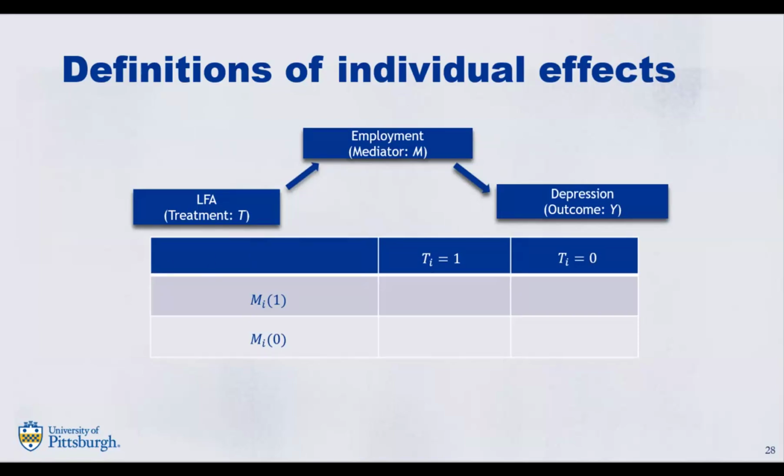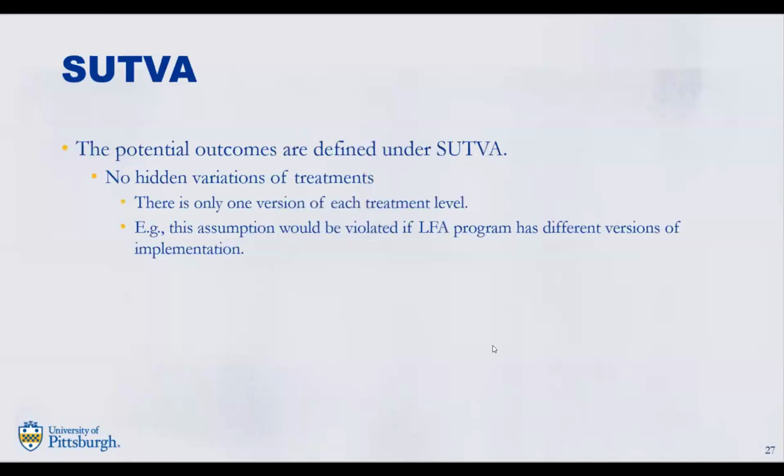On the last slide, if the assumption is violated, for example, if the LFA had different versions of implementation, could you just code it like there were three mediator groups? Oh, it's not the mediator. Here we're talking about the treatment, right? Yes, LFA, that is the treatment.